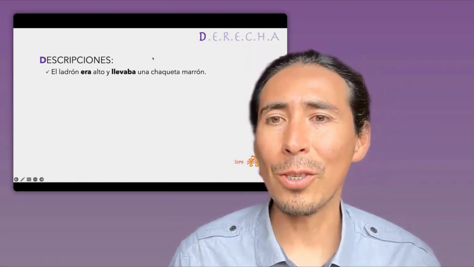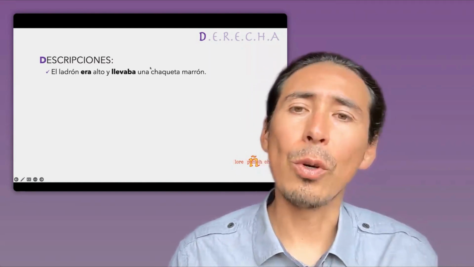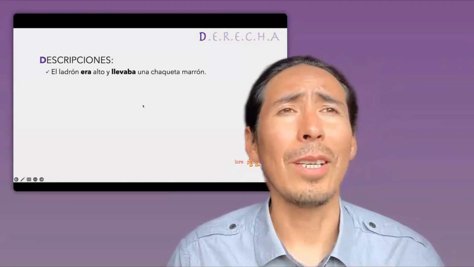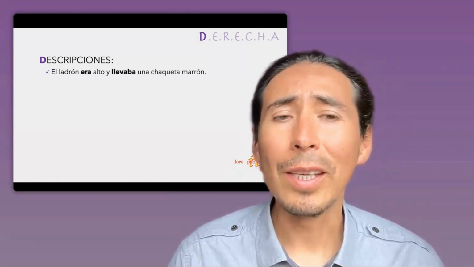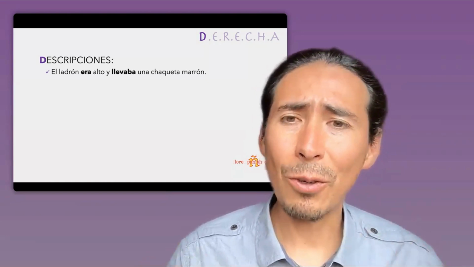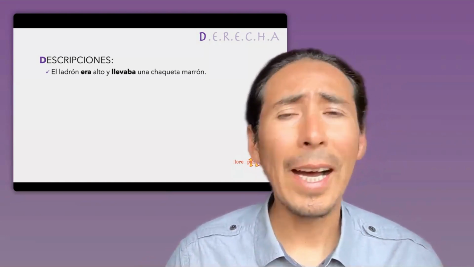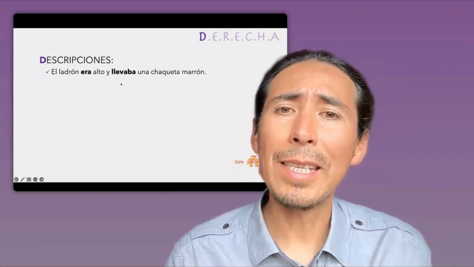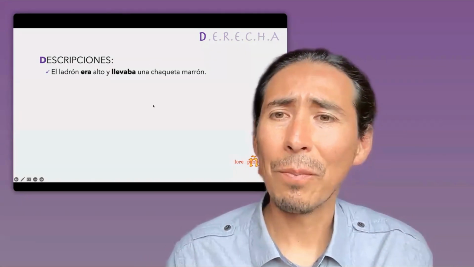He's not going to change in just a couple of hours. Of course, the jacket is not the same, maybe because he's wearing another one right now. But the main point: descriptions. So we can describe people, animals, objects, places, because places also change over time.